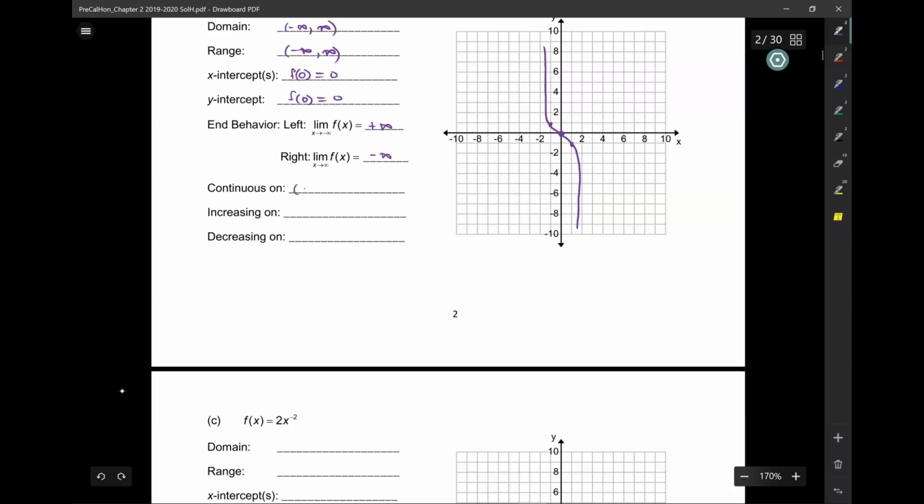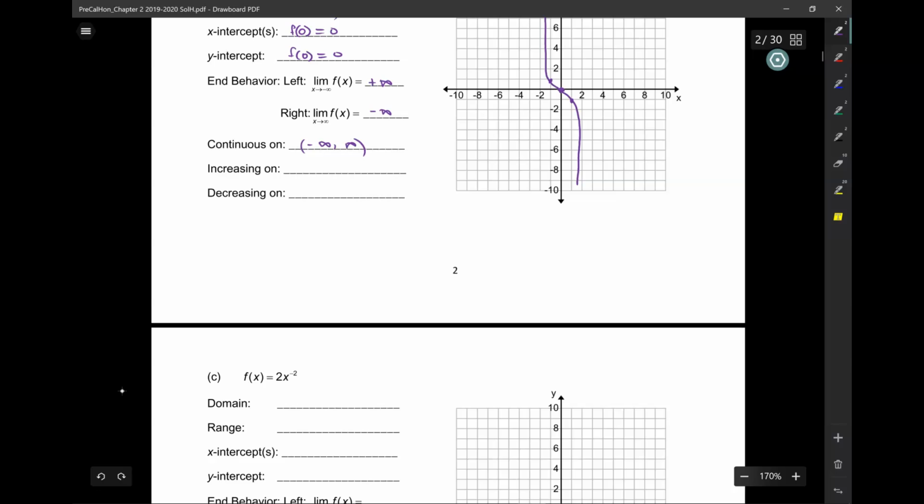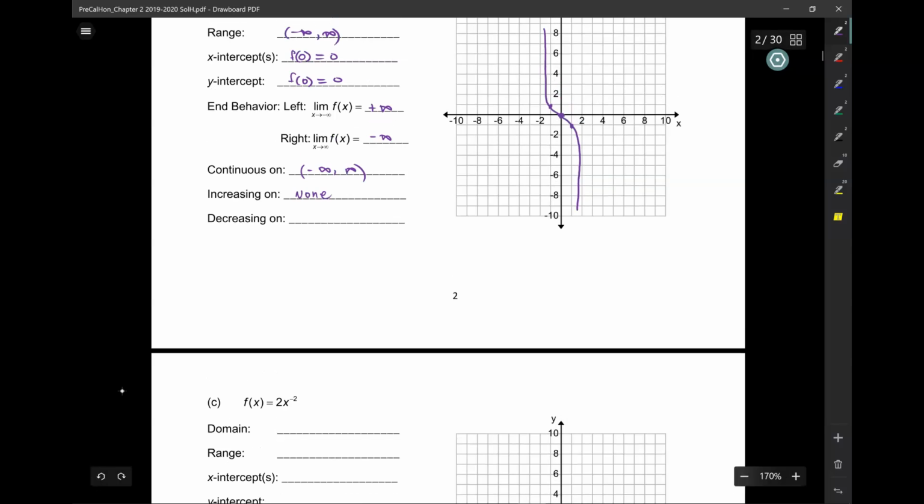This is continuous everywhere. Okay, where is this function increasing? Nowhere, right? So we say none, and it's decreasing from negative infinity to positive infinity, all right? So it's an ever decreasing function.